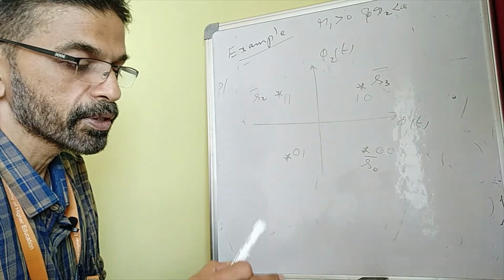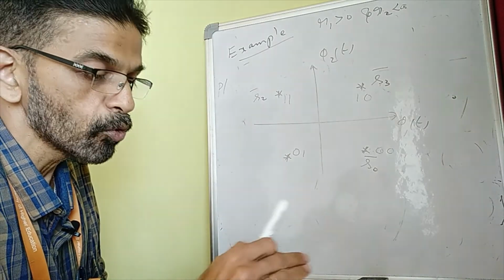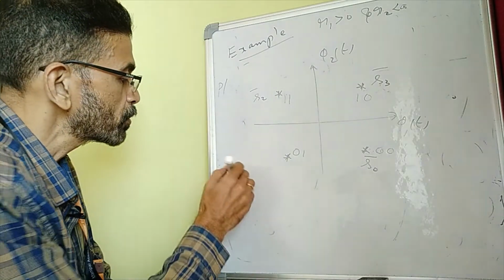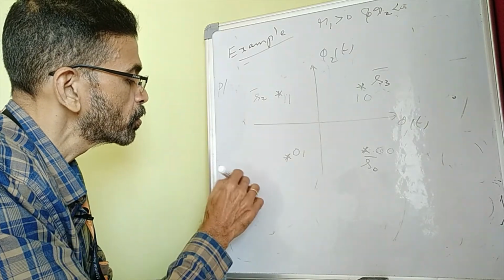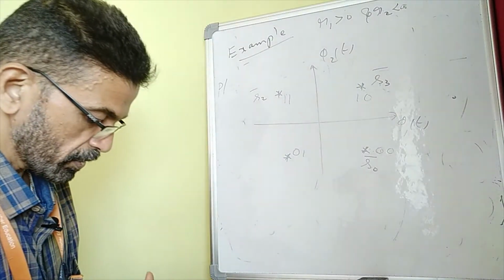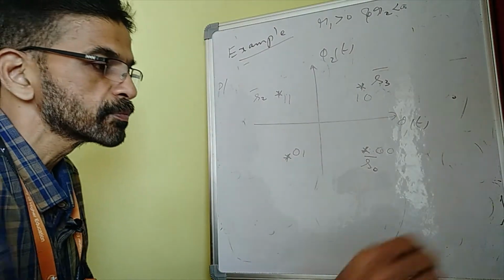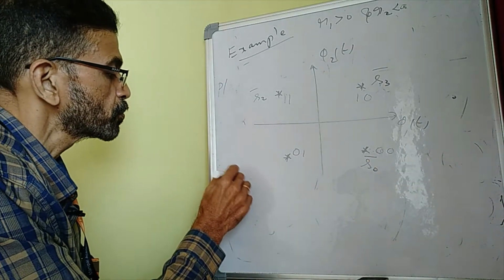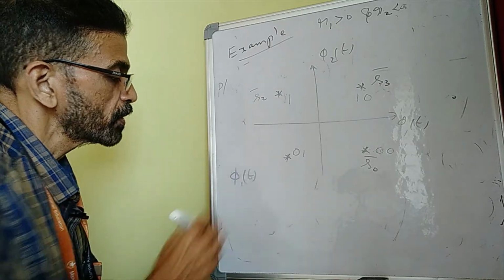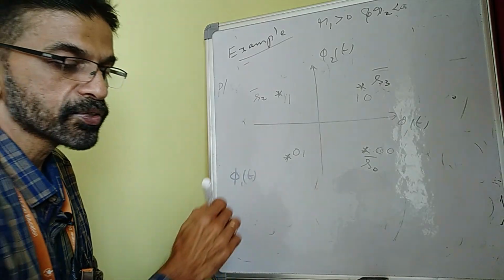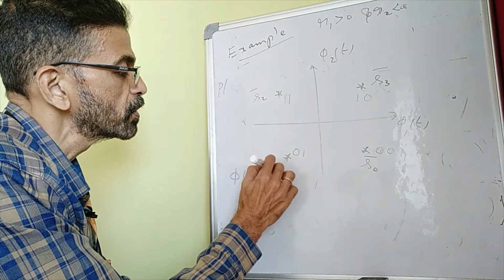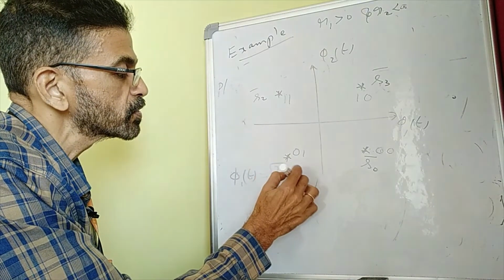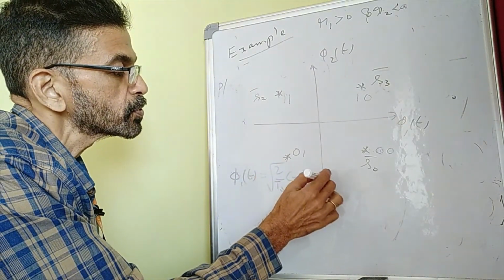Next we'll go for the next higher level, which will be the octal PSK. So here onwards we will be referring to phi 1t, of course, you know what is phi 1t, root 2 by Ts cos 2 pi fct.